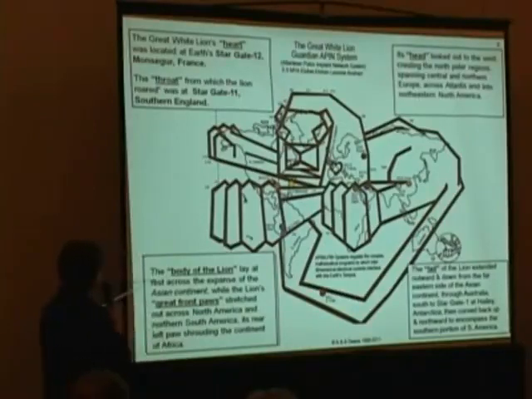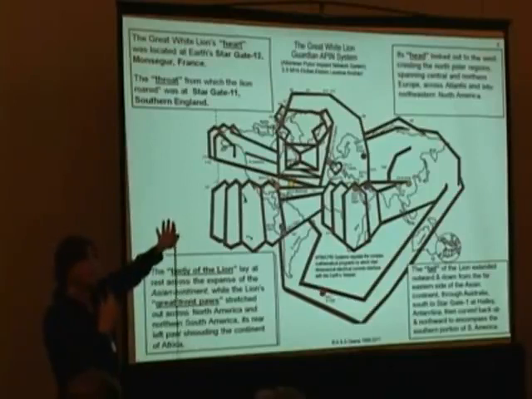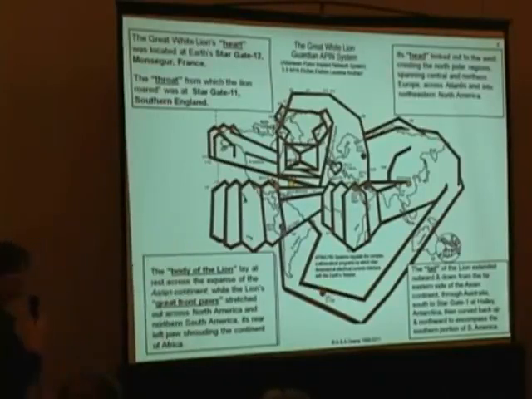The body of the lion lay at rest across the expanse of the Asian continent, while the lion's great front paws, I love that part, stretched out across North America and South America, its rear left paw shrouding the continent of Africa. So that is what is held sacred by the great white lion. Okay? That's a lot of land.